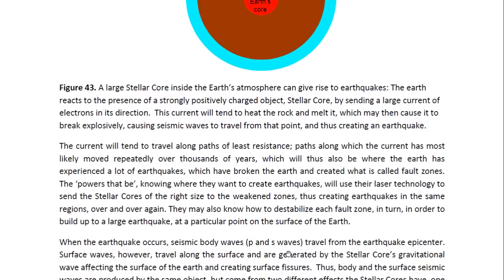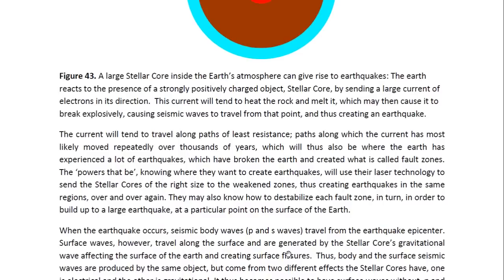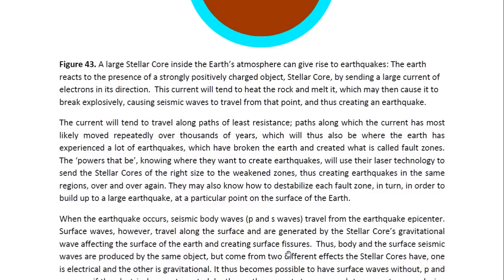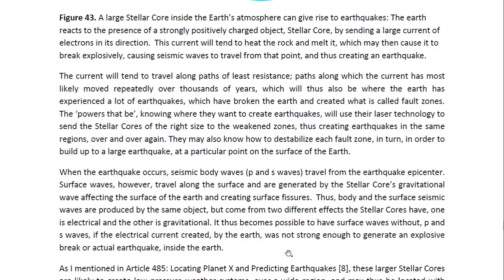The powers that be, knowing where they want to create earthquakes, will use their laser technology to send the stellar cores of the right size to the weakened zones, thus creating earthquakes in the same regions over and over again. They may also know how to destabilize each fault zone in turn in order to build up to a large earthquake at a particular point on the surface of the Earth.